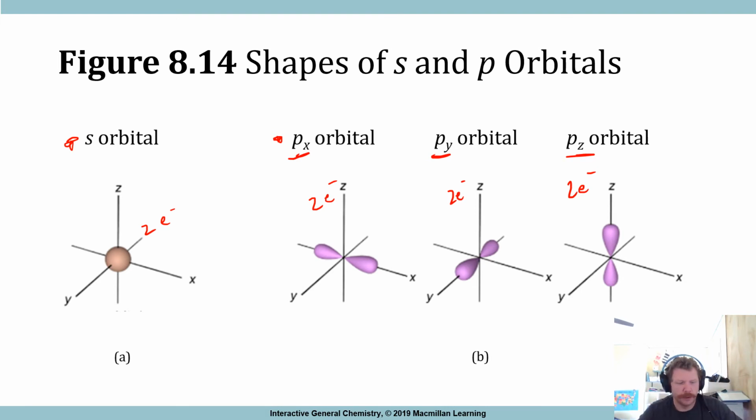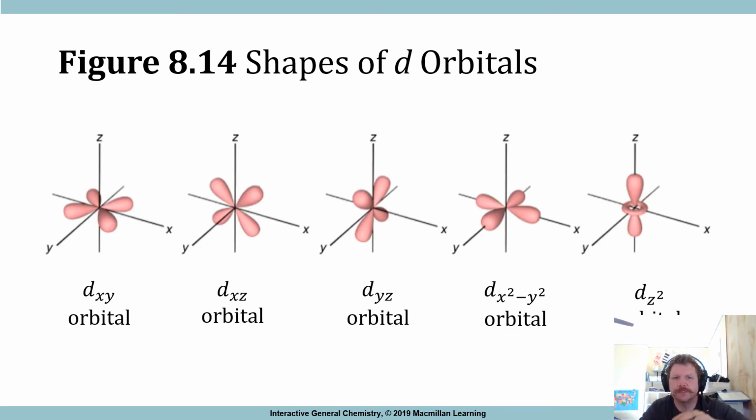The p orbital, since it has 3 different positions, is going to hold a total of 6 electrons. To further develop that, the d orbital has a total of 5 different positions: 2, 2, 2, 2, and 2. So the d orbitals will hold a total of 10 electrons.